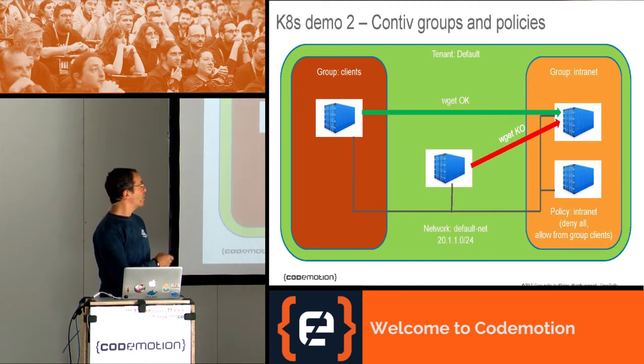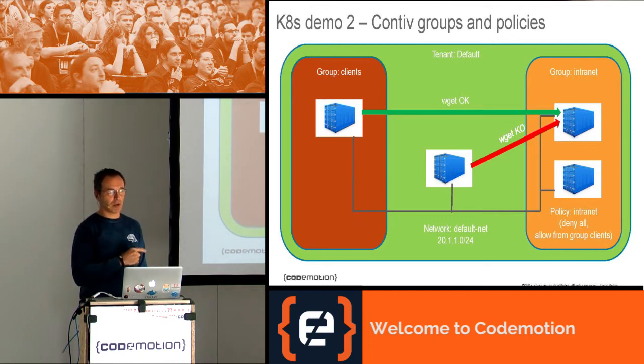So all the containers in this group, outside of the group, and in the intranet group are attached to a single identical network. So in this case, I'm not replicating the network in isolated tenants. It is one single real network common to everybody. But the separation is done through the policies that belong to the group.